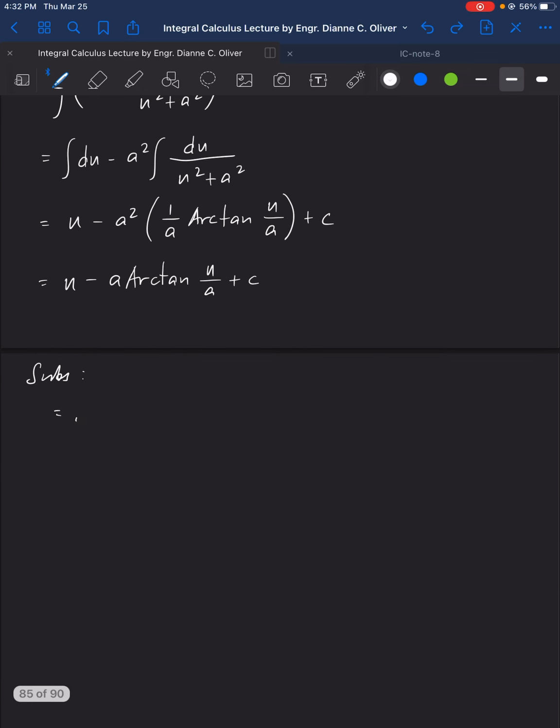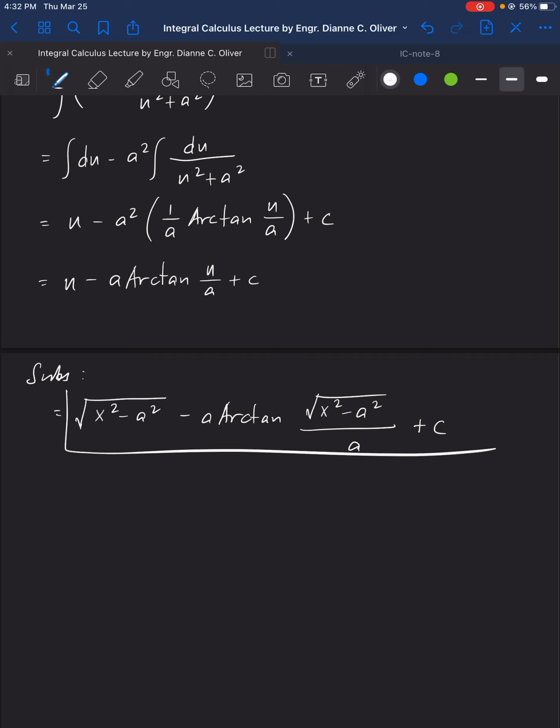So we have the square root of x squared minus a squared, minus a arctan of the square root of x squared minus a squared all over a, plus c. So this is the final answer for number 2.